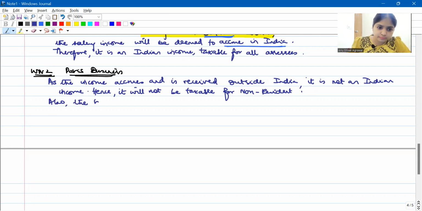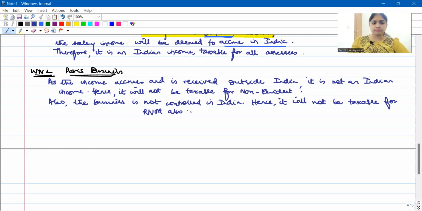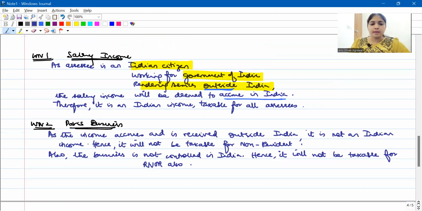Also, the business is not controlled in India. Hence, it will not be taxable for RNOR also.